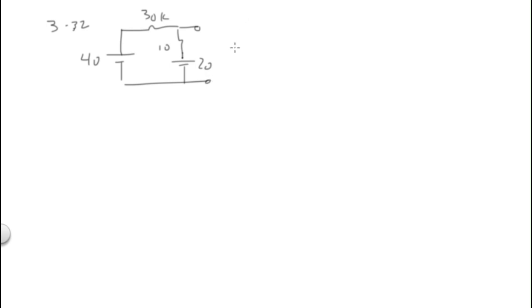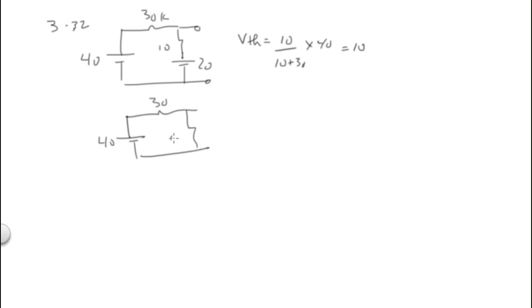So basically at that point in time you say, well, I'm going to short out this supply, and my V Thevenin is equal to 10 over 10 plus 30 times 40, or 10. If I do it the other way, I'll redraw. 40 volts, 30K, 10K. That's one way.